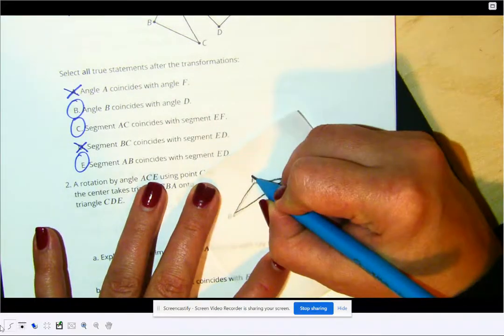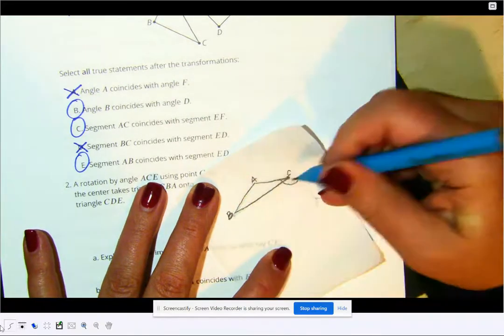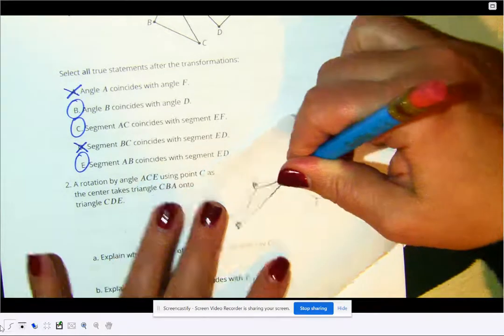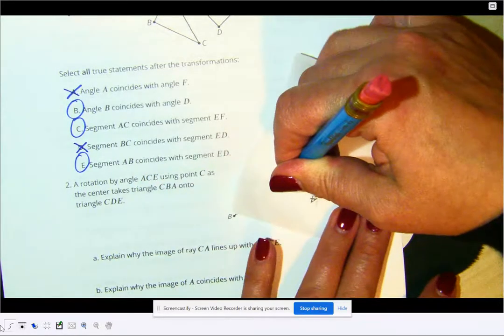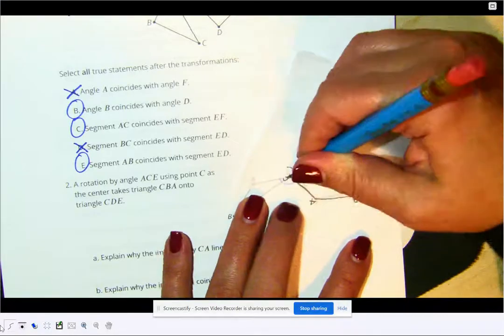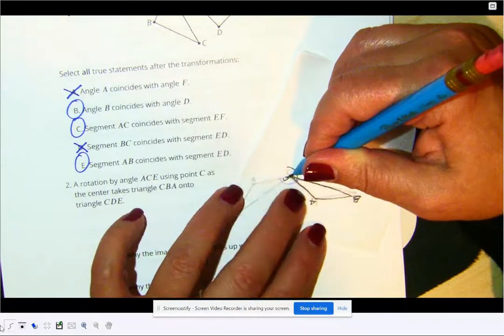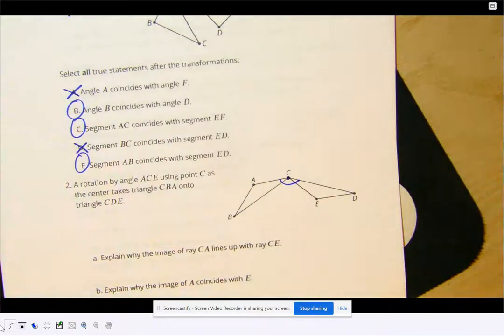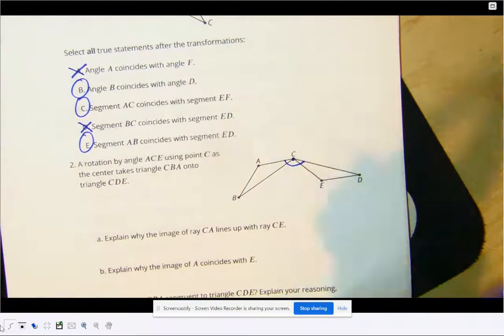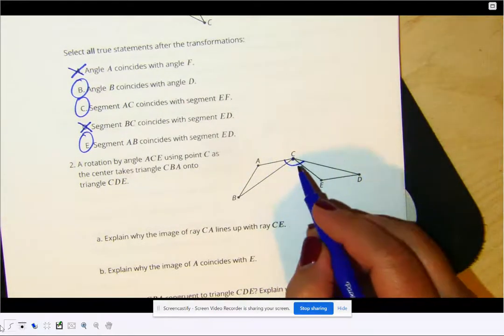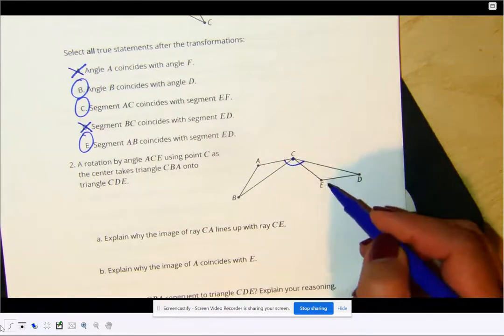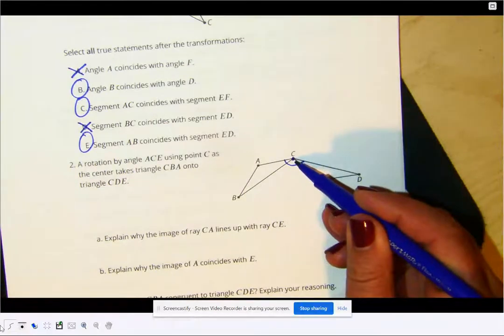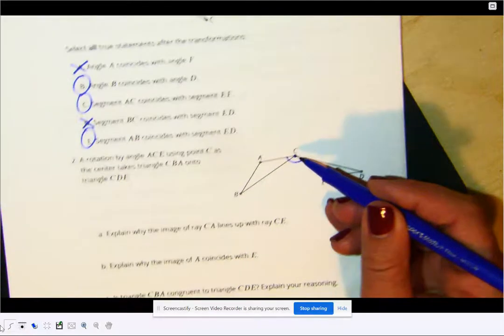C, A, B. Here we go. So we can now see that CA lines up with CE. It says explain why. Well, that's the way we defined it. We defined the rigid transformation as a rotation of angle ACE using point C. They line up because we defined it that way.